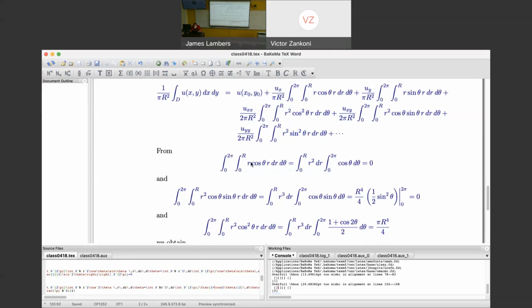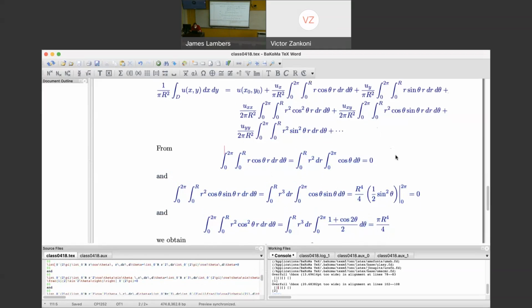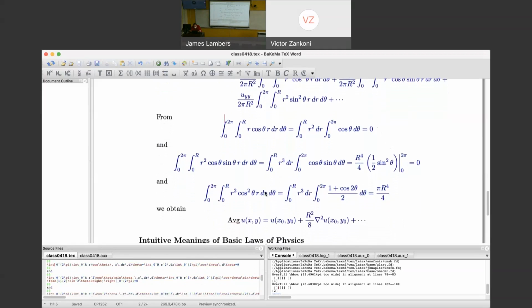So once I take all of these results and incorporate them in here, here's what I get: the average value of u over this disk is equal to the value of u at the center plus this term involving the Laplacian.